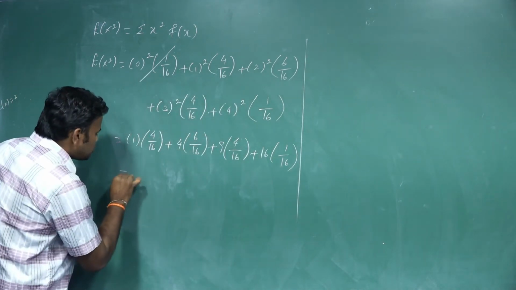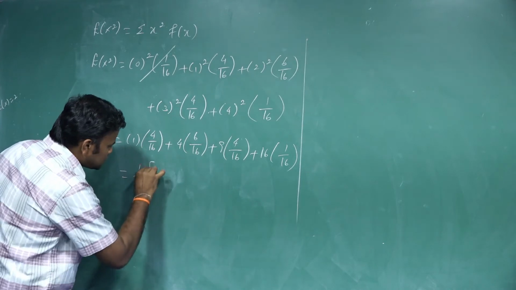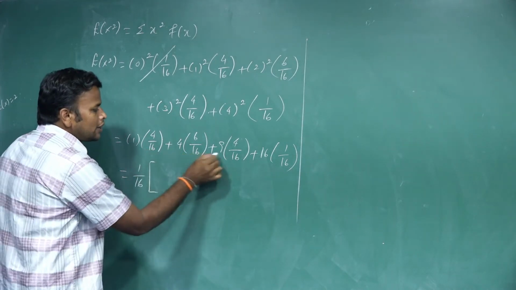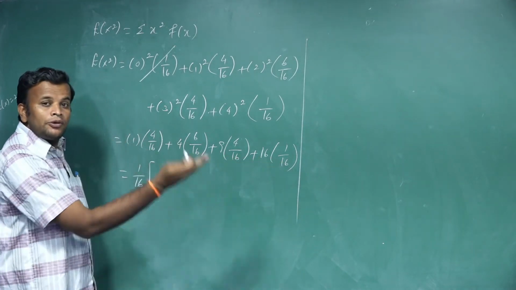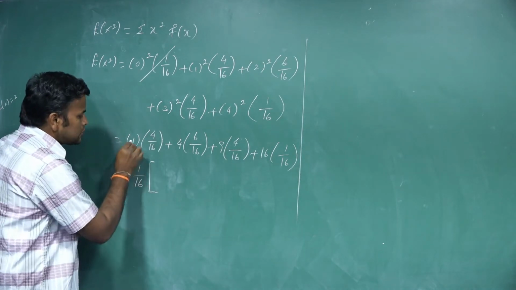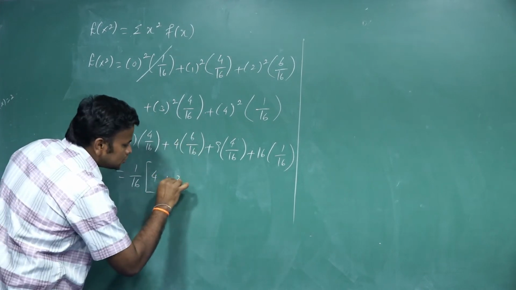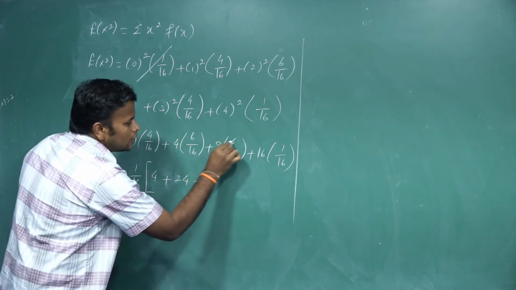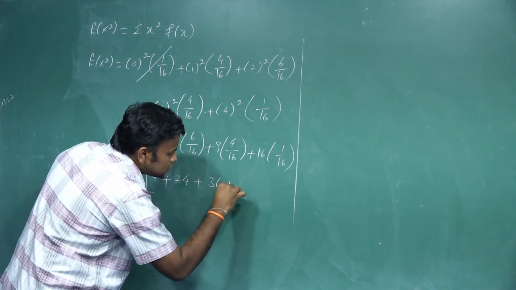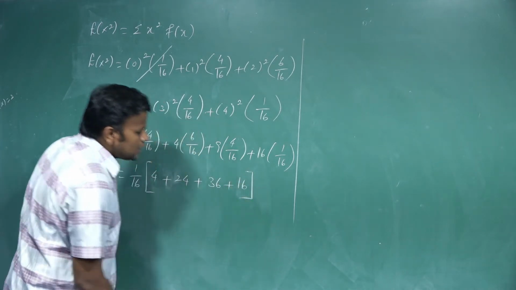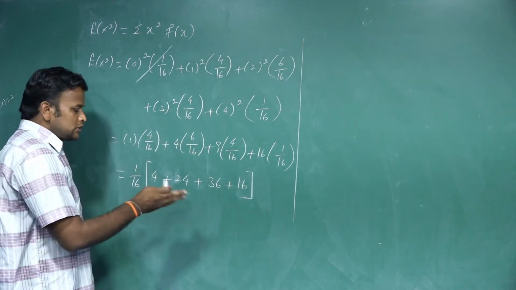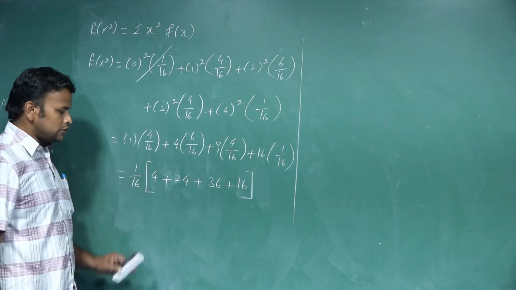But for easy simplification, I will take 1 by 16 outside. In all the terms, denominator 16 is common. I will take outside. What is the remaining? First term 1 into 4 is 4. Second term, 4 into 6 is 24. 9 into 4 is 36 and 16 into 1 is 16. So simplification is easy. So I will take outside the common 1 by 16.